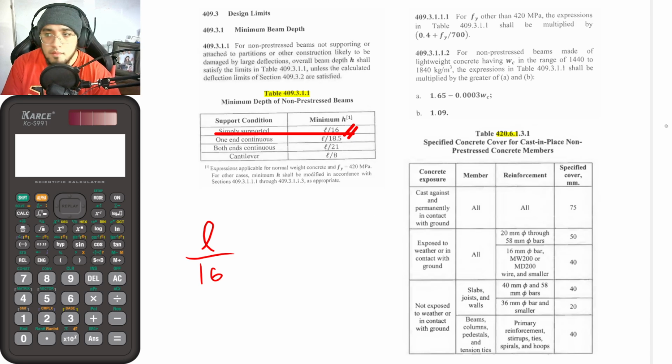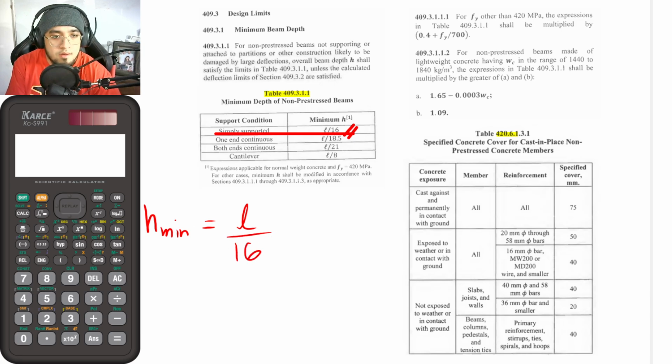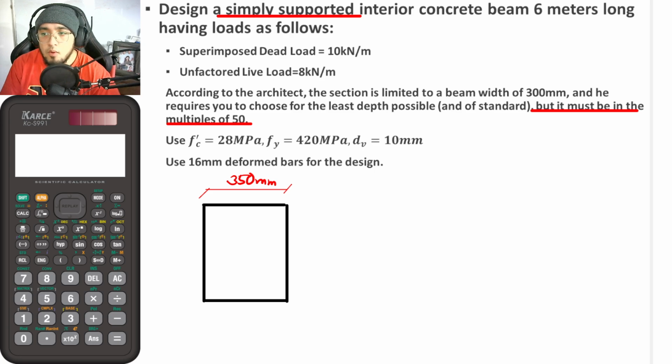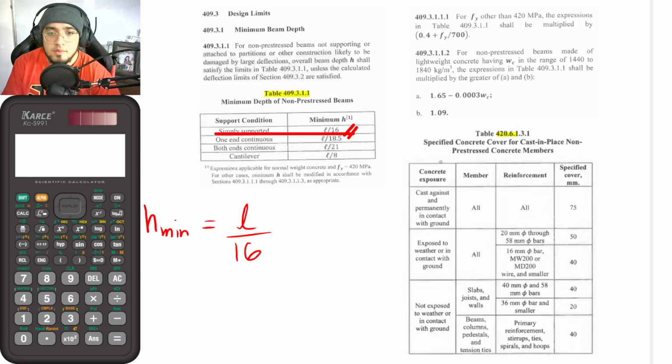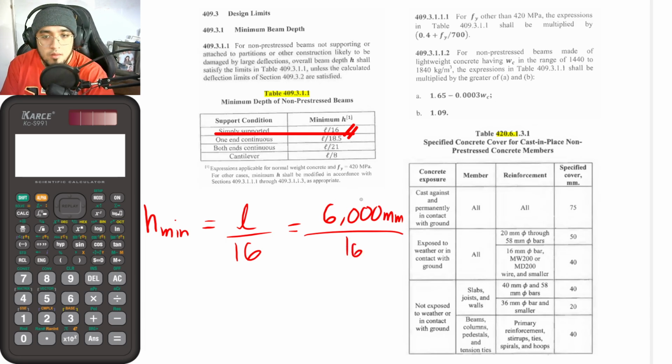So the h minimum that we will be making use of must be equal to length divided by 16. Going back here, the length of the beam that we will be designing is 6 meters long. Substituting known values, it would be better if we convert that into millimeters. So 6,000 mm divided by 16. Take note that if you did not convert, your answer is in terms of meters.